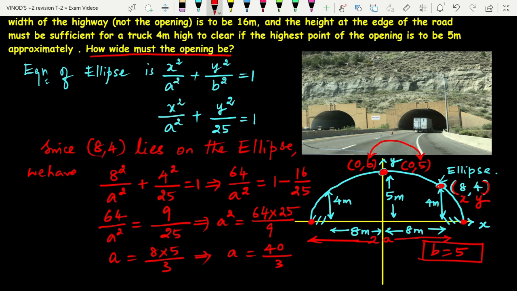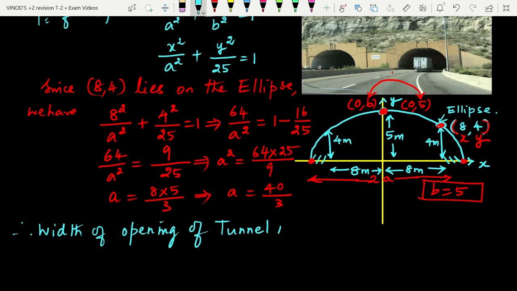So the width of the tunnel is 2a units. Therefore width of opening of the tunnel is 2a units. 2a is equal to 2 into 40. This 2 into 40 is 80 divided by 3. 80 divided by 3 is approximately 26.7 meters.